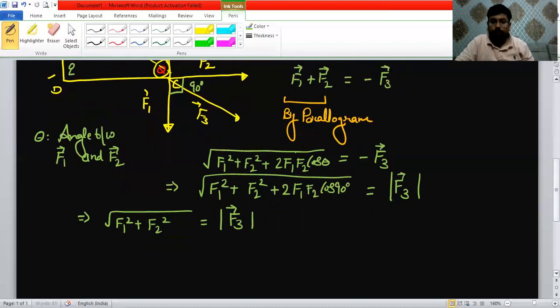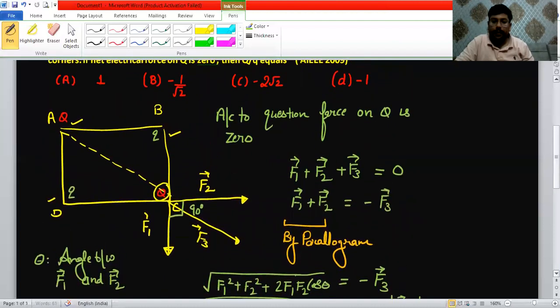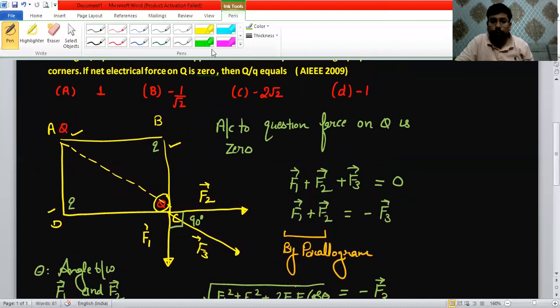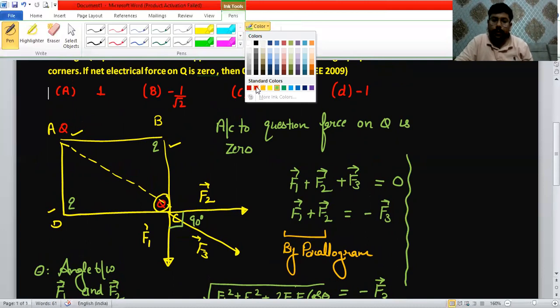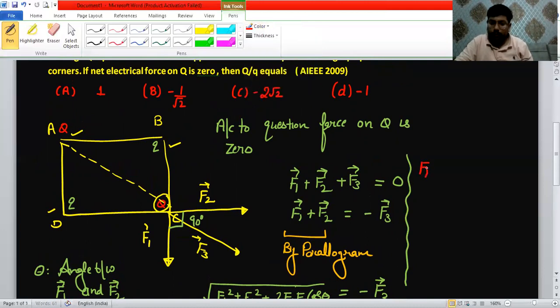Now what are F1, F2 and F3? We can find these by Coulomb's law. So here I am finding F1, F2 and F3 first using Coulomb's law. F1 vector magnitude is K, charge at C which is capital Q, charge at B which is small q, divided by the distance from B to C. Let me take all these side distances as A. So it is A square.